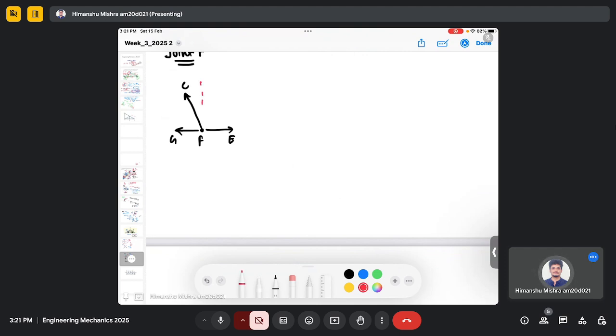And this is my coordinate system, the regular one, x, y, minus x, minus y.